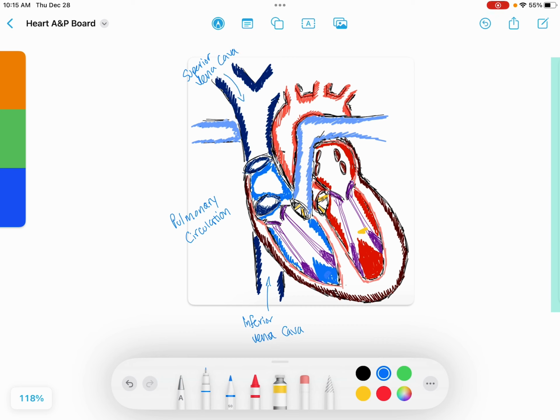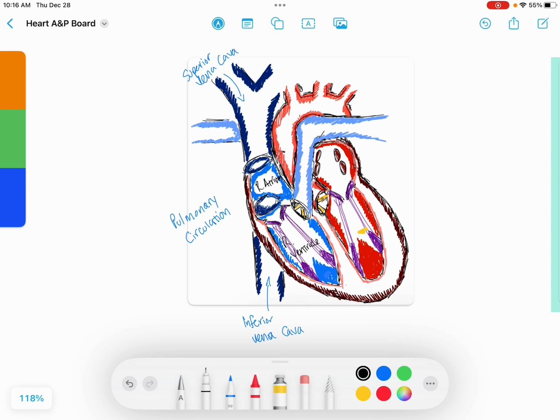Now that deoxygenated blood is going to pass into the right atrium. And that blood is going to get into the right ventricle. It has to pass by the tricuspid valve, right ventricle.